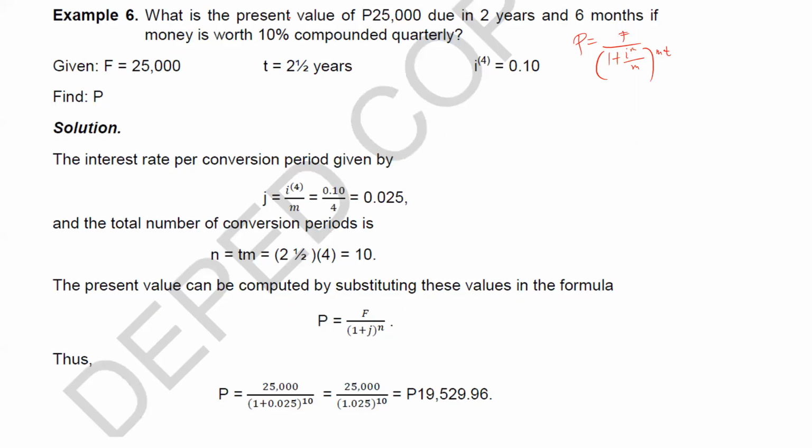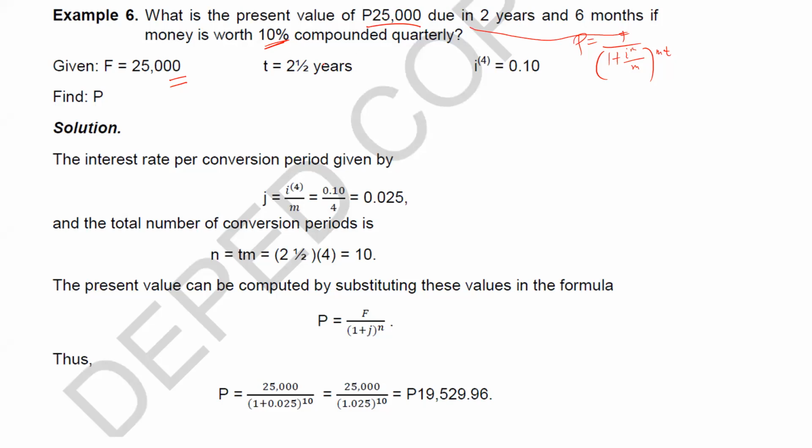What is the present value of 25,000, the future value due in 2 years and 6 months, if money is worth 10% compounded quarterly? So our i is 10% or 0.10.